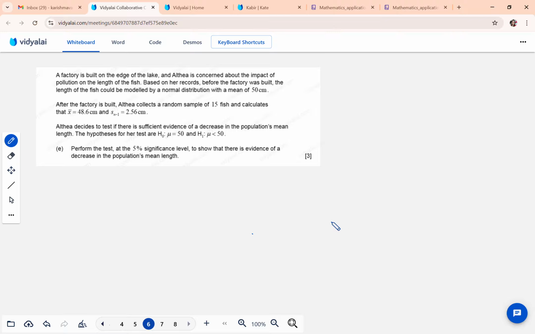After the factory is built, Althea collects a random sample of 15 fish, so n is 15 here, and calculates that the mean is 48.6 centimeters and Sn minus 1, that is the standard deviation they have given, that is 2.56 centimeters. Althea decides to test if there is sufficient evidence of a decrease in the population's mean length.